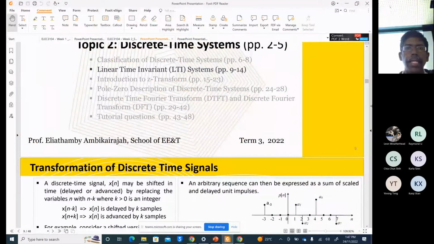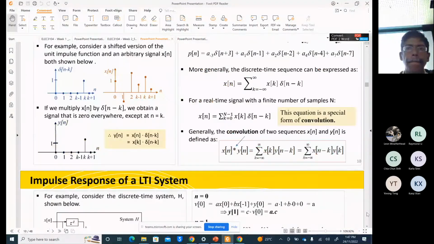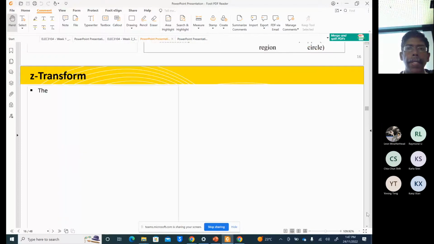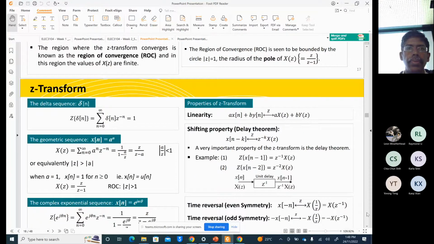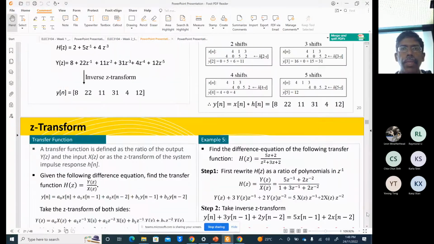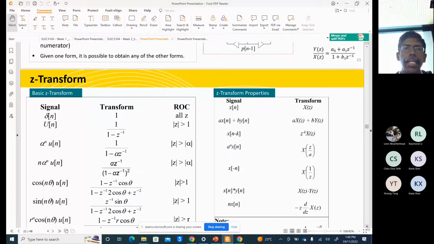Have I missed anything? Yeah. So you should be able to find these properties. You should be able to apply this table.